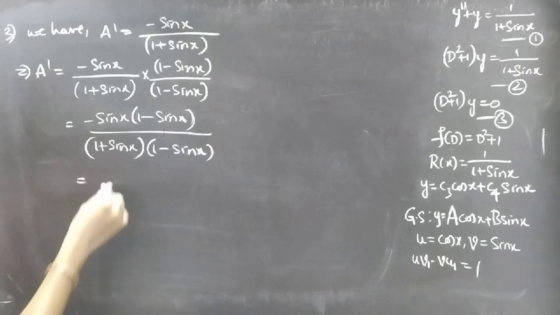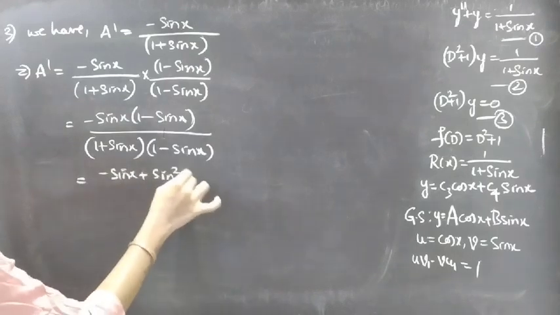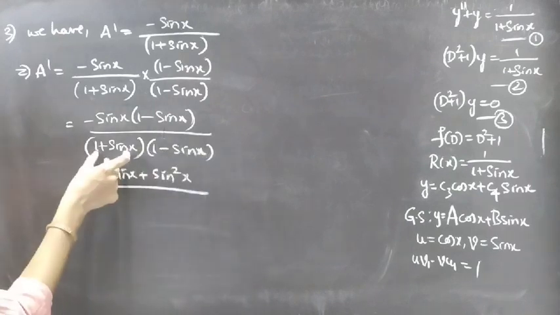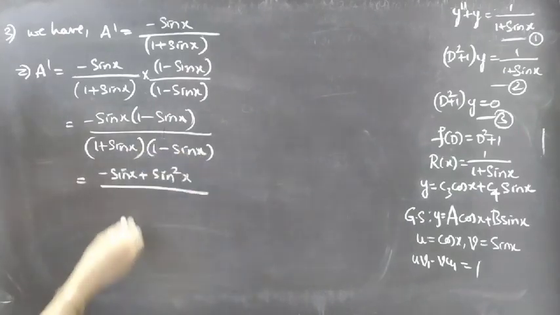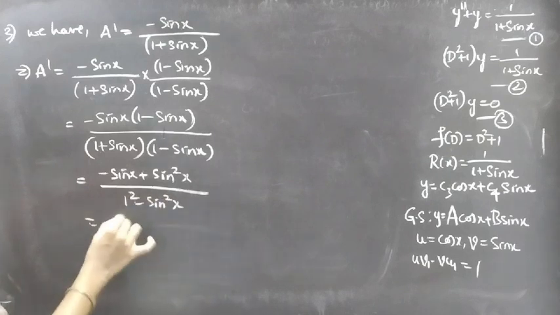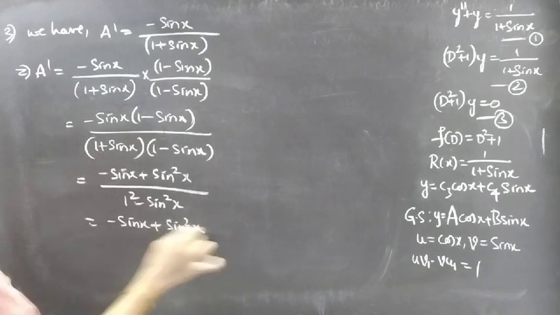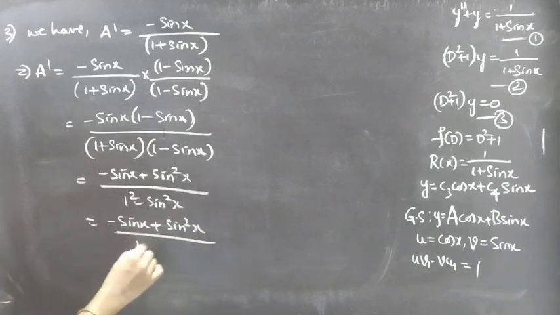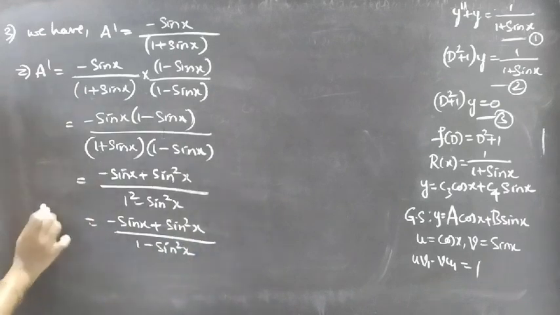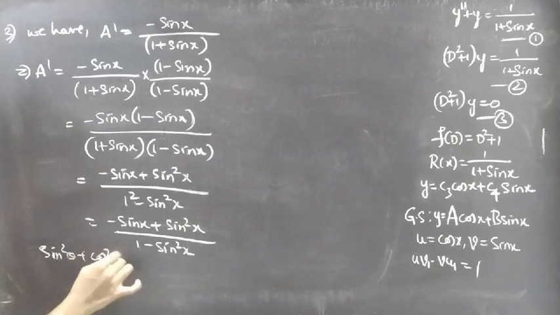This gives us minus sin x plus sin x into sin x, which is sin square x. The denominator is of the form a plus b into a minus b, so we can write it as 1 square minus sin square x. This equals minus sin x plus sin square x by 1 minus sin square x. We know that sin square theta plus cos square theta equals 1.